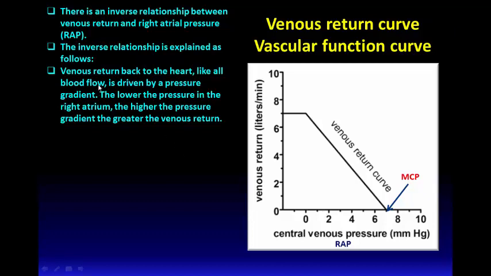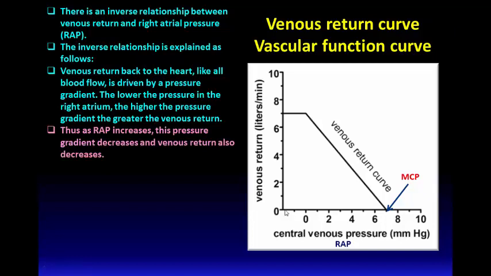As you all know, venous return is the return of the blood back to the heart. So like all blood flow, it is driven by a pressure gradient. The lower the pressure in the right atrium, the higher is the pressure gradient which drives the venous return, and hence the greater is the venous return.